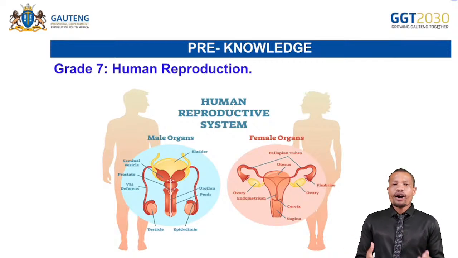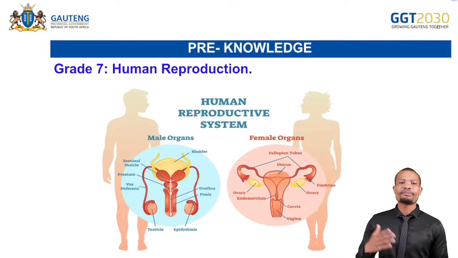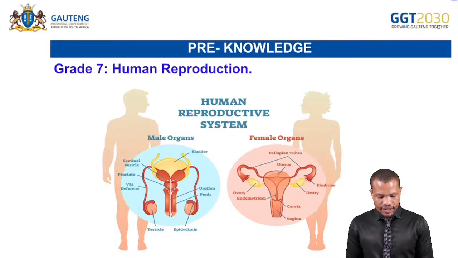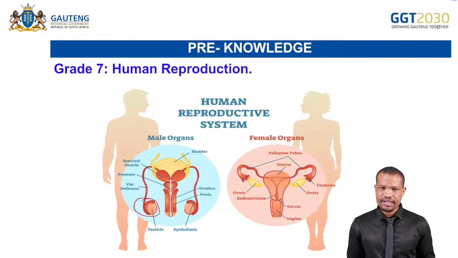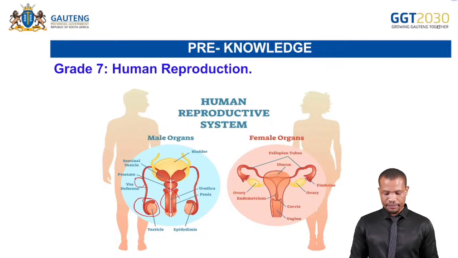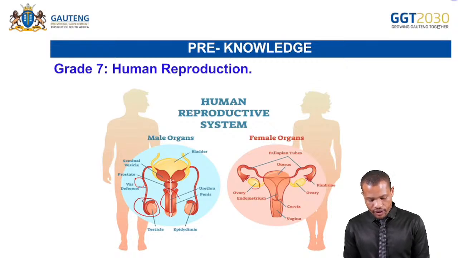Right, so the organs that are required for this to take place, we are going to learn about them in detail today, but I can just highlight it now. We have the male testis, we have the penis, we have the vas deferens or the sperm duct, then on the female, we have the ovaries, the fallopian tubes, we have the uterus, the vagina, okay?